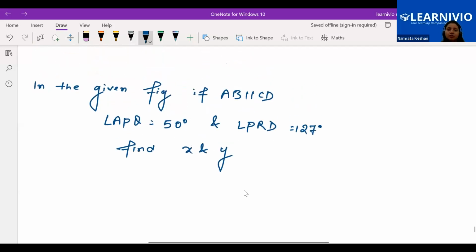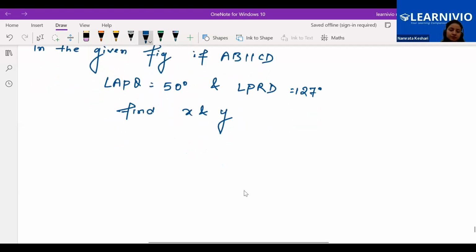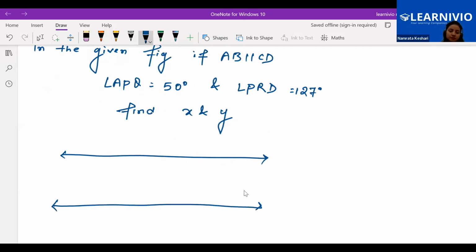Let me draw the figure over here. We have not discussed this question, right? Let me draw the figure, then you will be able to identify. AB is there, then here CD is there.